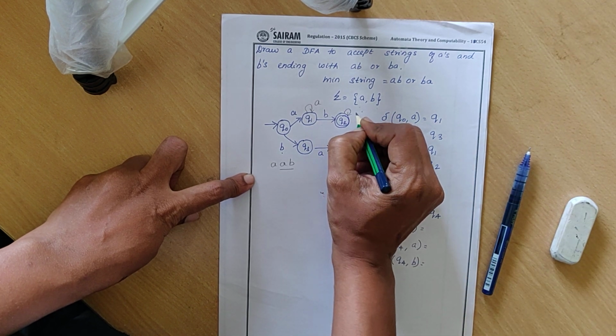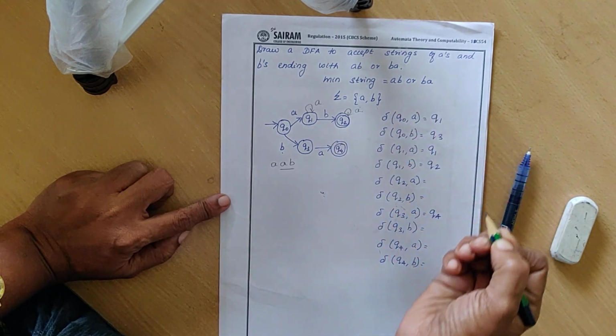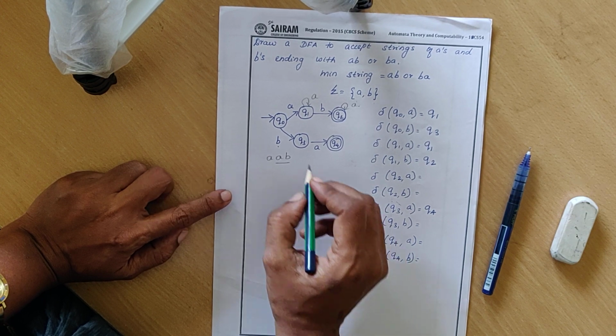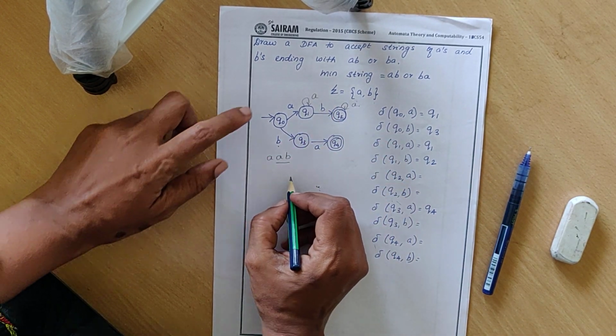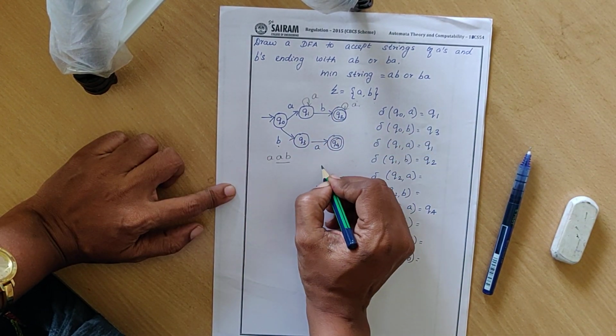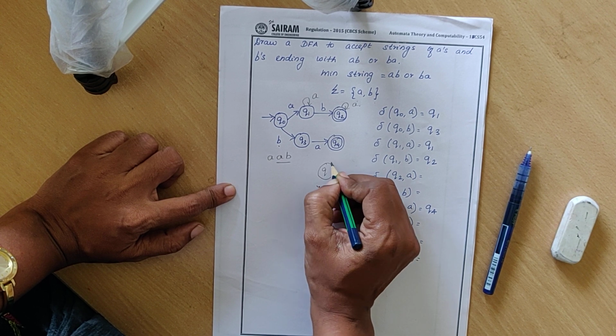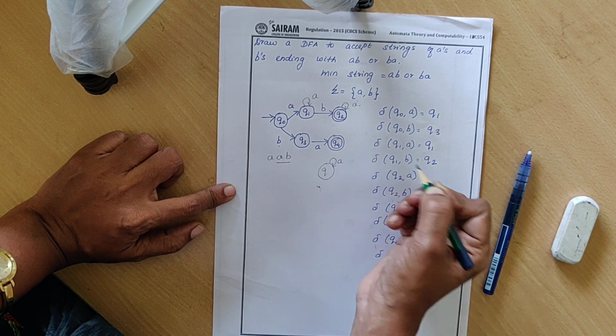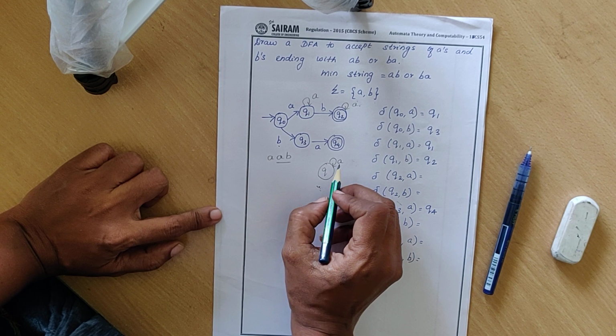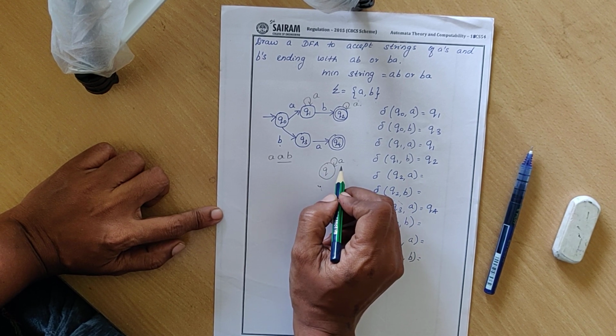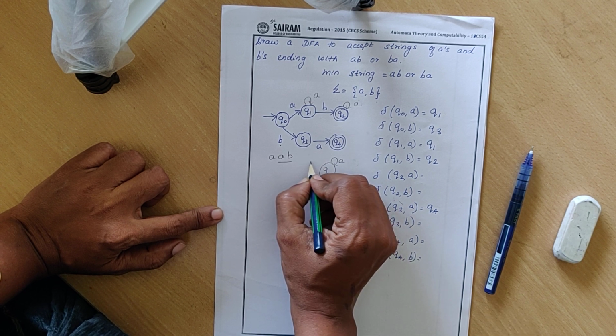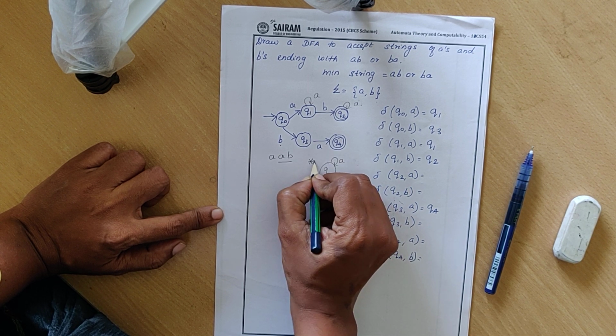So for Q2 comma A, I'll check with self loop. As I have told you in the previous classes, any state with a self loop represents that it can have more number of A's. It is a pictorial representation of the operator star.